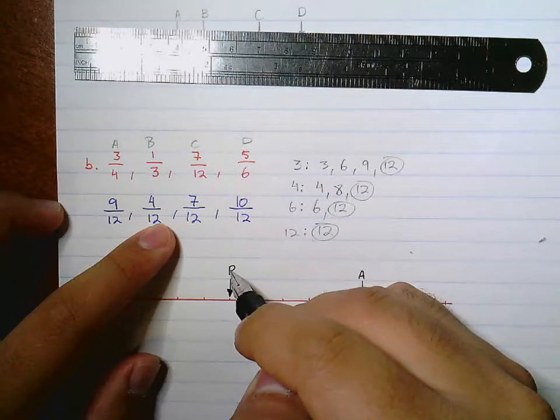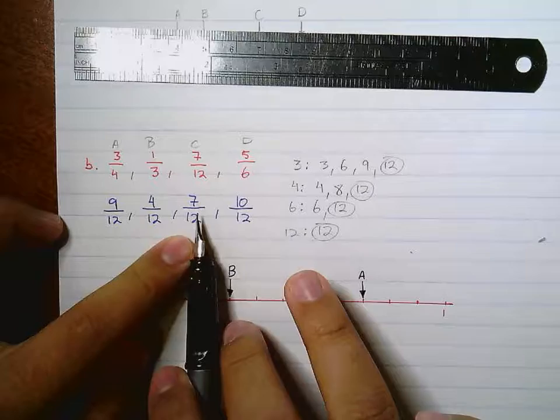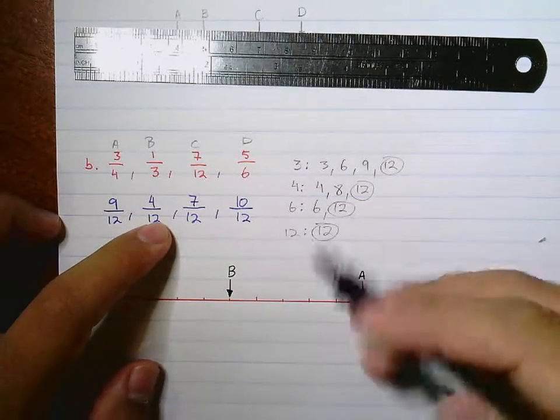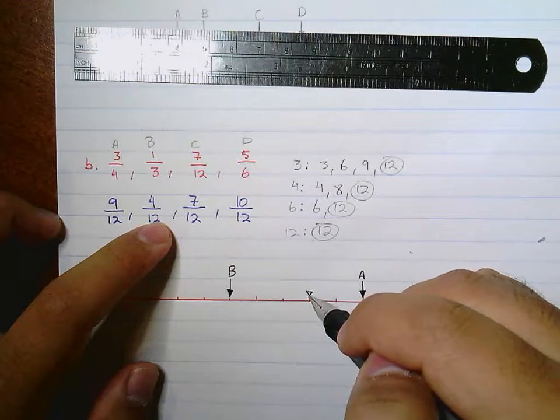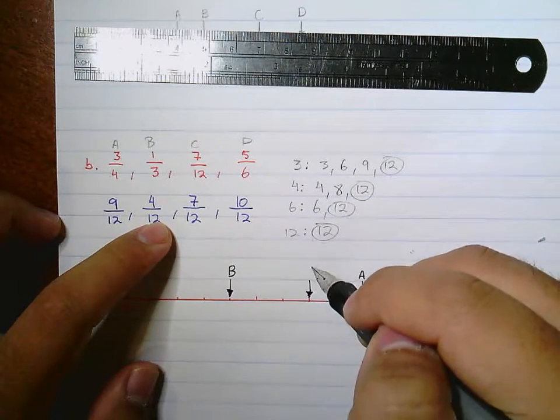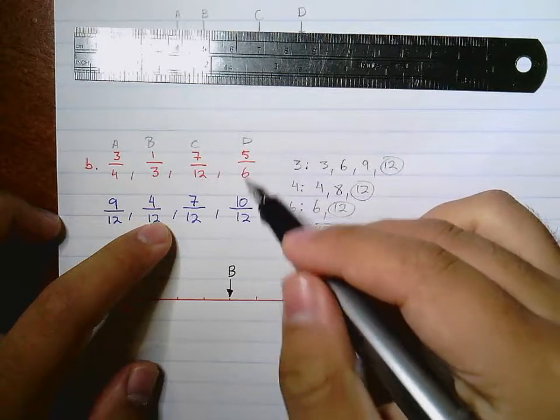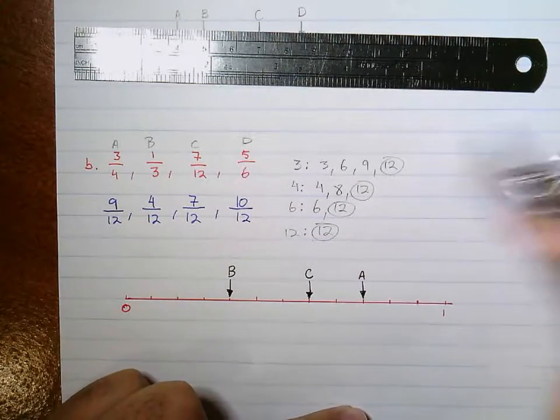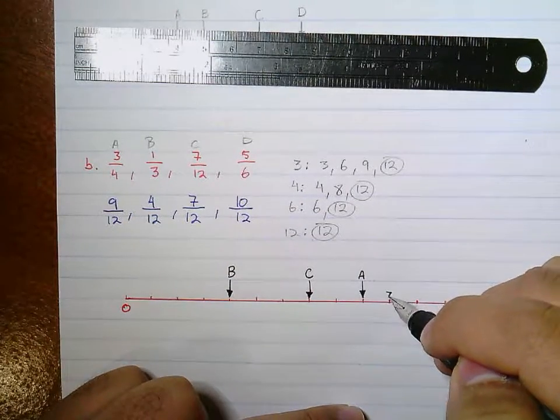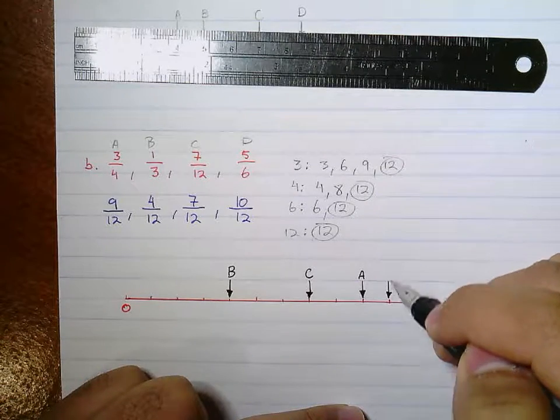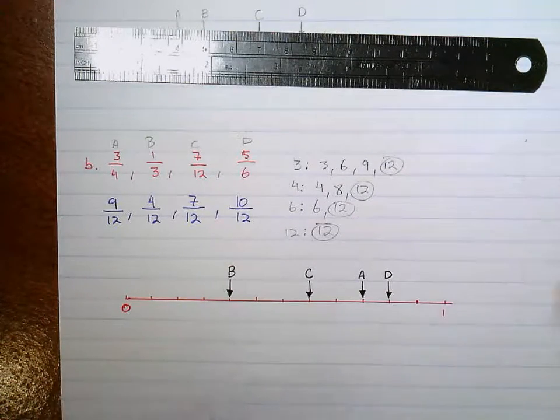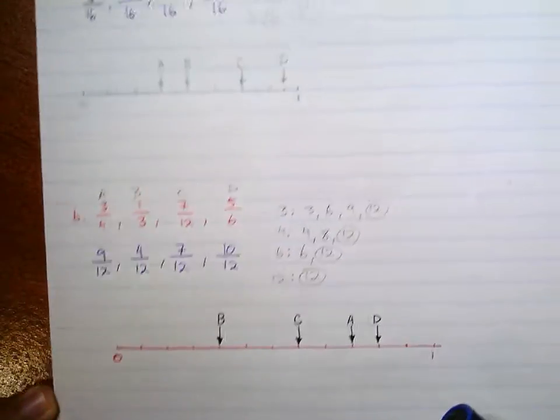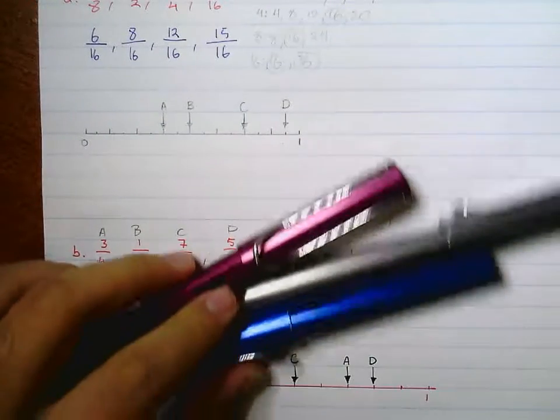That is point B. Point C is 7: 1, 2, 3, 4, 5, 6, 7. And finally, 10 over 12. That's 12, 11, 10. It's working backwards. That is point D. And that is how you place numbers onto a number line properly using the lowest common multiple.